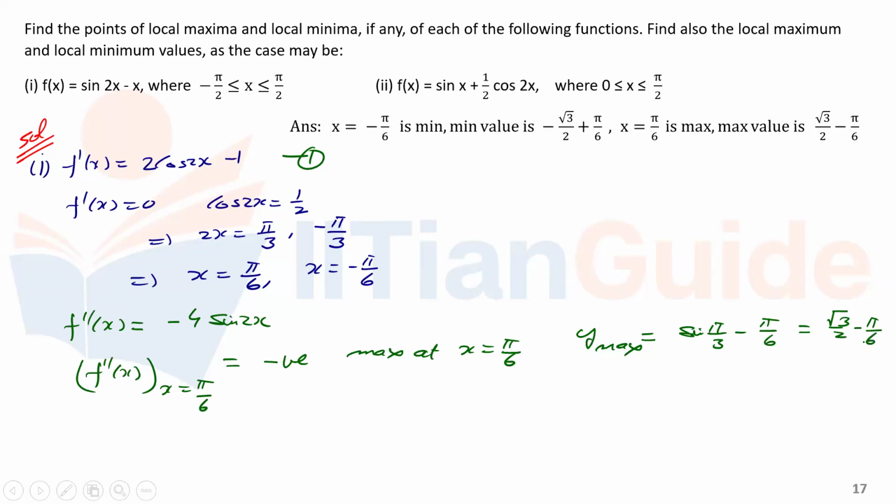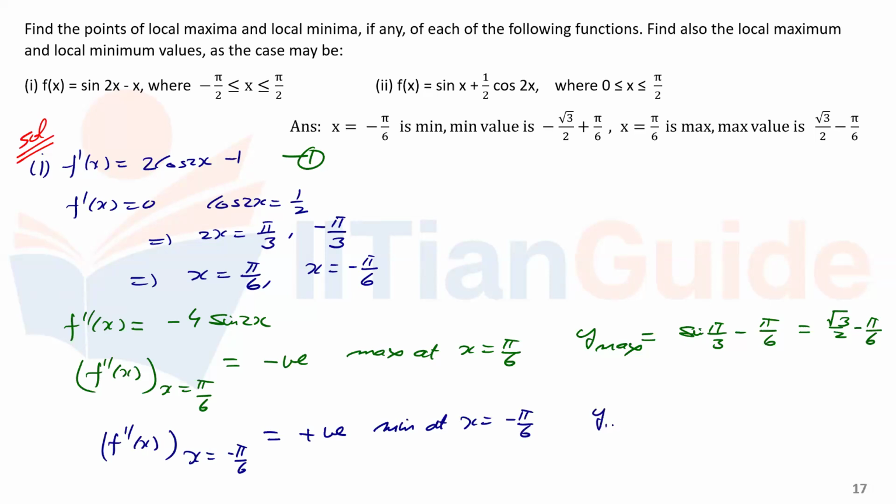Now I will calculate the value of the second derivative at the point x equal to minus pi by 6. If I put x to be minus pi by 6, the second derivative will become positive. That means minimum at x equal to minus pi by 6.